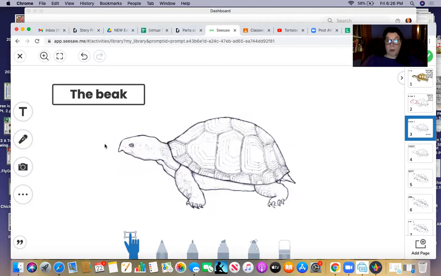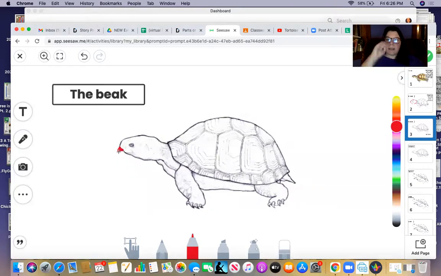Now, like the bird, its mouth is also called the beak. The beak is right here, we kind of see this ridge. And so the turtle has this little ridge so it can tear. I should have shown you guys a video of turtles eating. It's kind of fun.